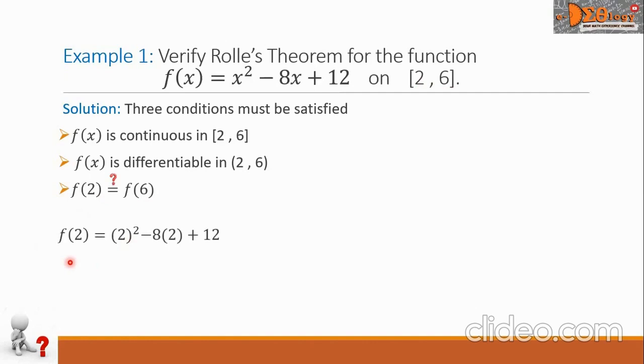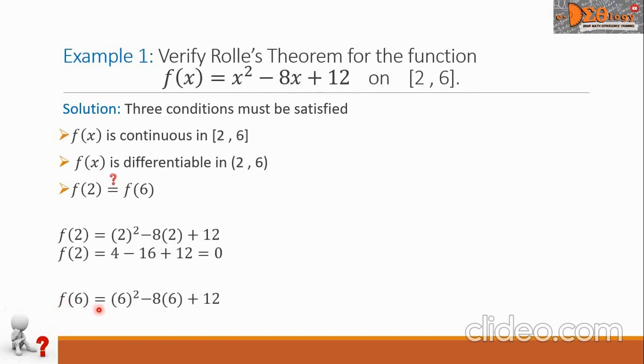Let's begin with f of 2. So this is equal to the x squared becomes 2 squared, minus 8x becomes 8 times 2, then plus 12. The 2 squared is 4, minus 8 times 2 is 16, plus 12. If we simplify this, this is equal now to 0. Next is the f of 6.